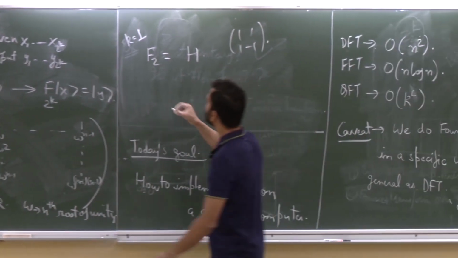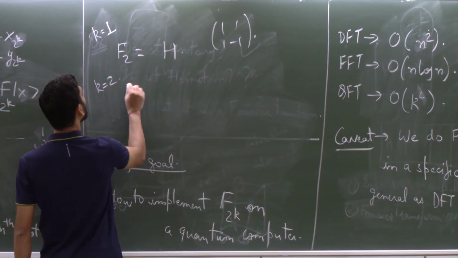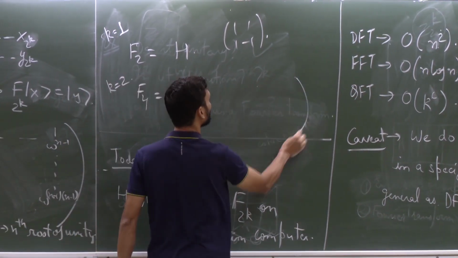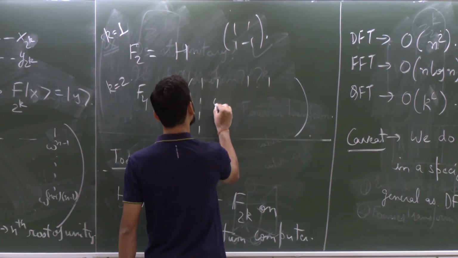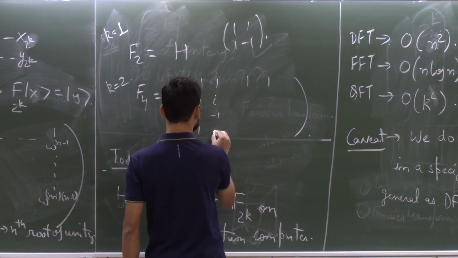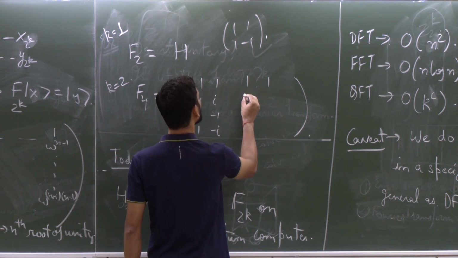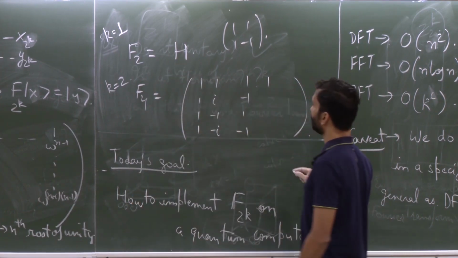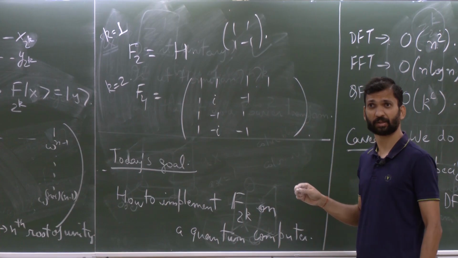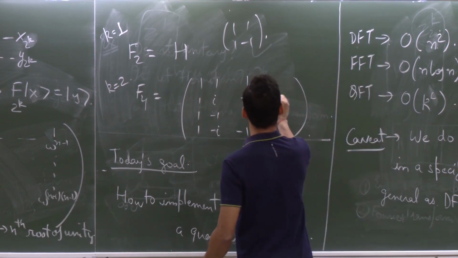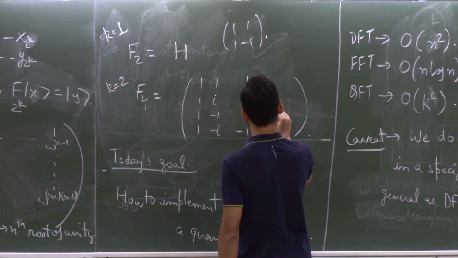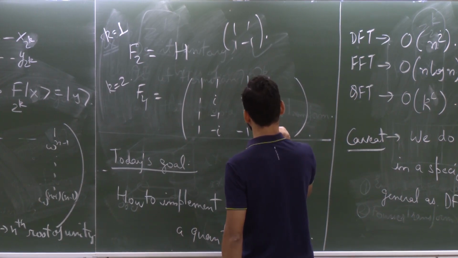Let's move forward. Fine. i is the fourth root of unity. What do I get here?